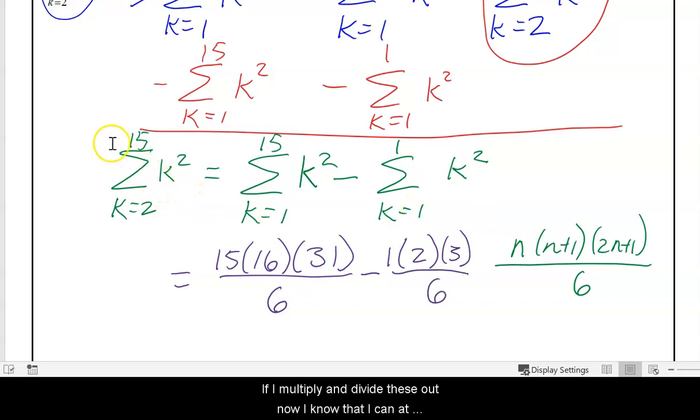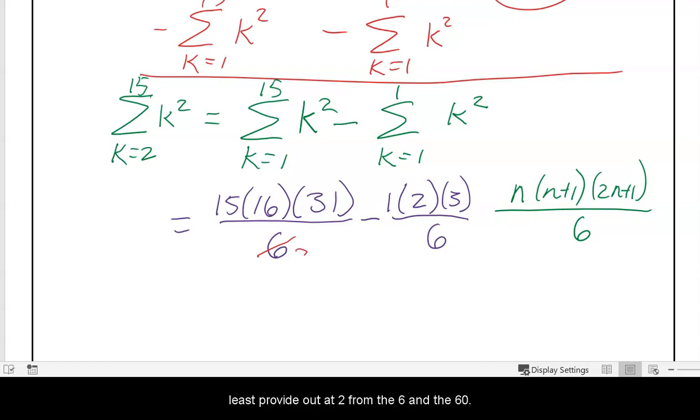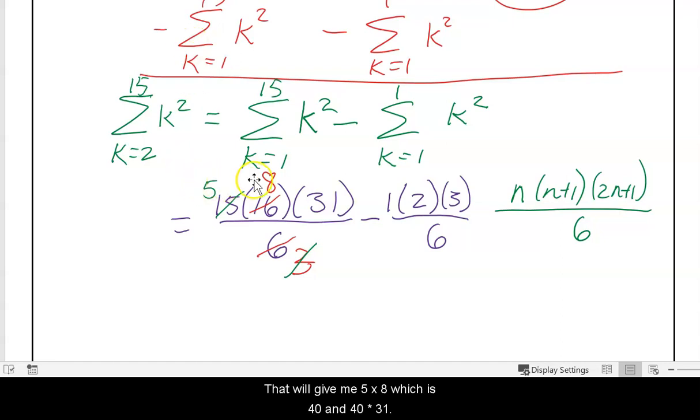If I multiply and divide these out now, I know that I can at least divide out a 2 from the 6 and the 16, and that will leave me behind with a 3. I can also divide out the 3 into the 15, and that will leave me a 5 here. That will give me 5 times 8, which is 40, and 40 times 31.